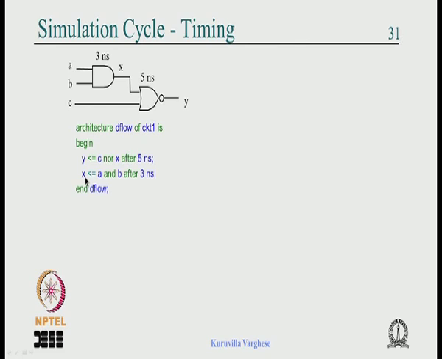X is computed with the new value of A and is correctly computed, but Y is not correct, and you can imagine what happens if you have a 5 level circuit and everything is jumbled up, okay. So this is a little bit of a hopeless situation. The simulator has to make some sense out of it, okay.